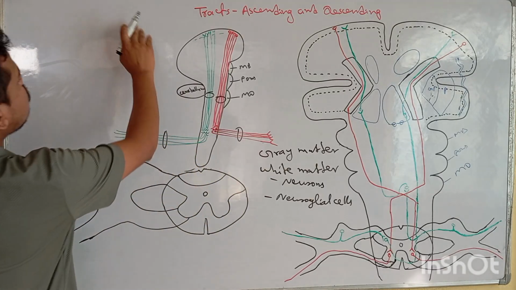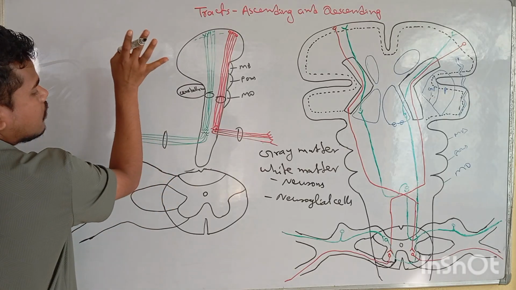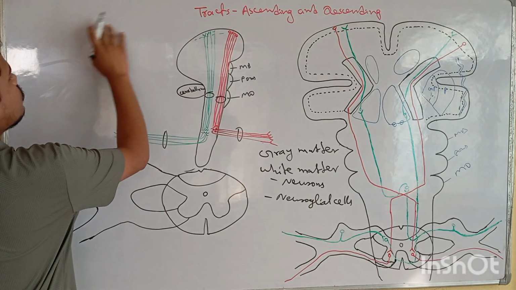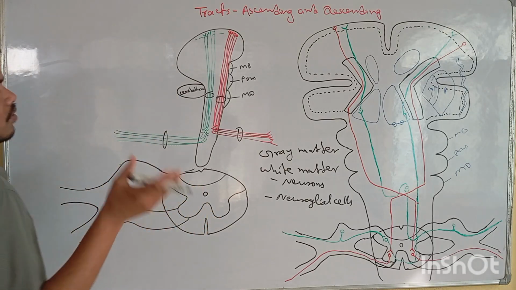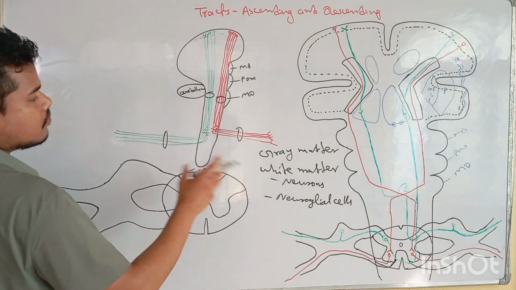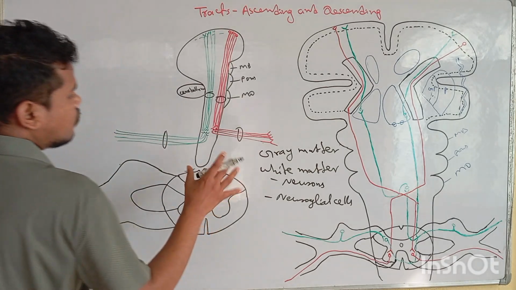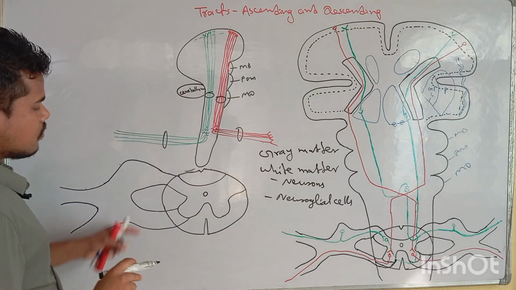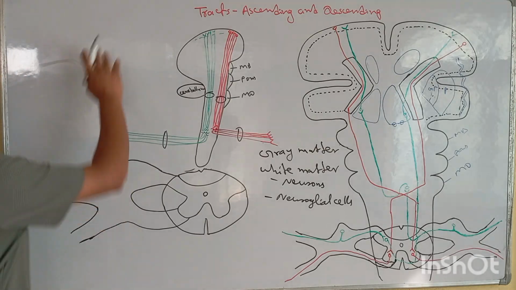Bipolar neurons are found in the retina and in the olfactory mucosa of the nose. So the olfactory receptors and the visual receptors, rods and cones, are bipolar neurons. And dorsal root ganglia are pseudo unipolar neurons.